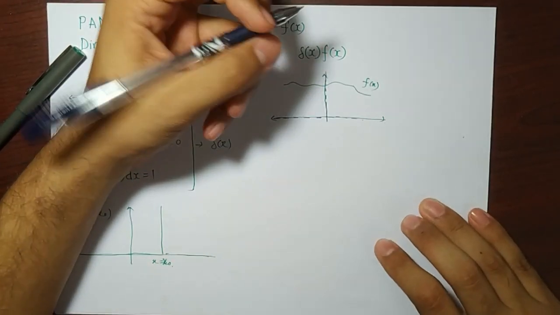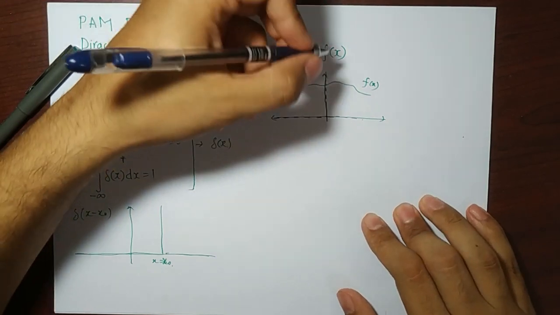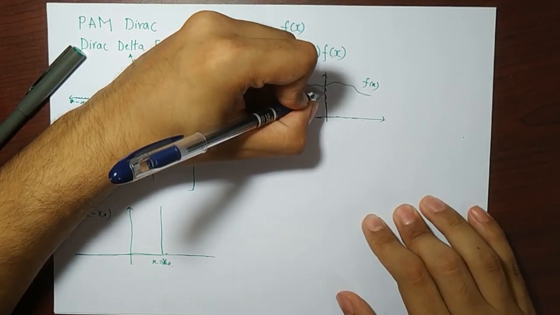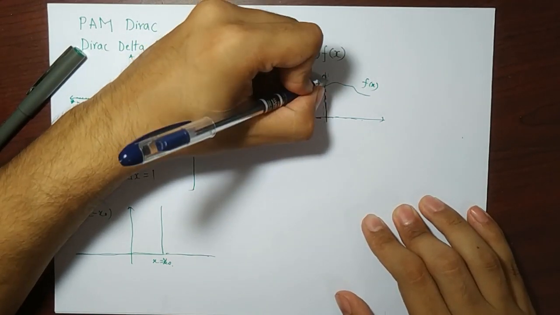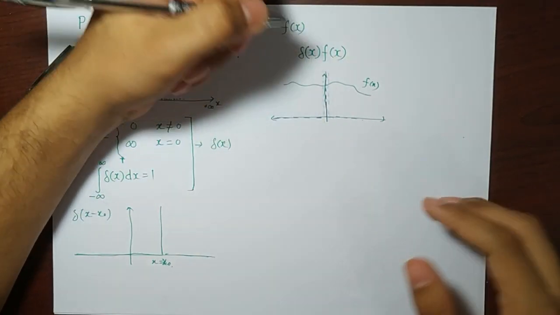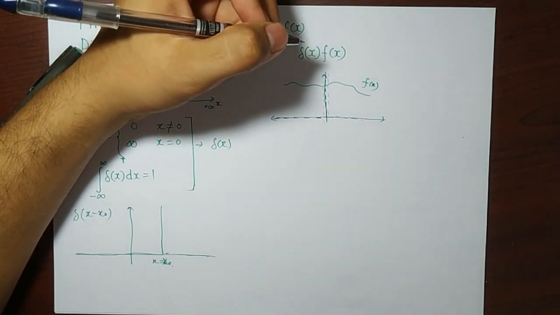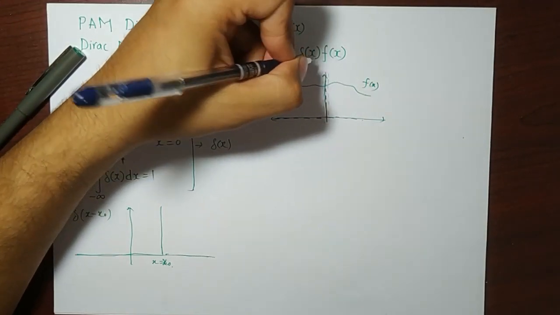So basically there is only one place where these two functions are meeting. This is this place.